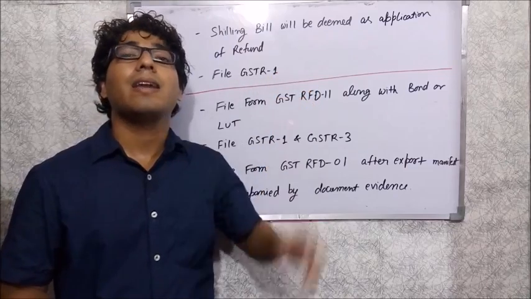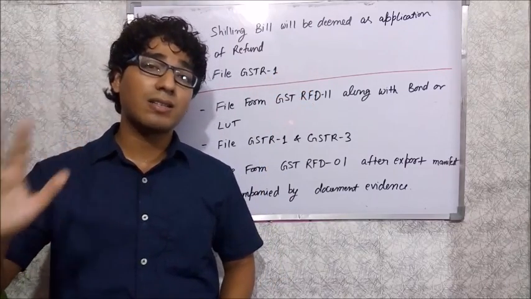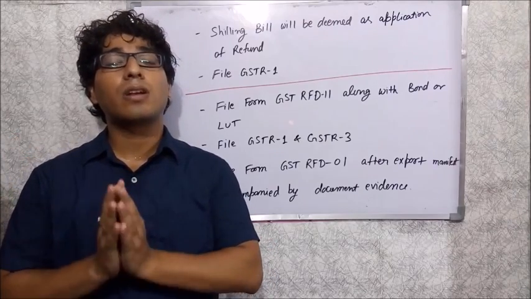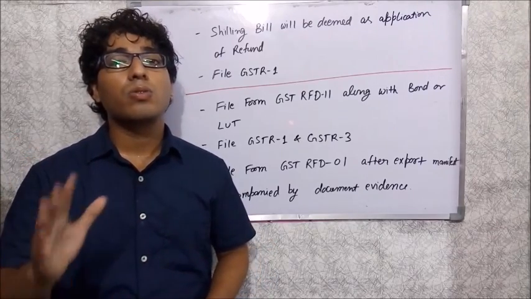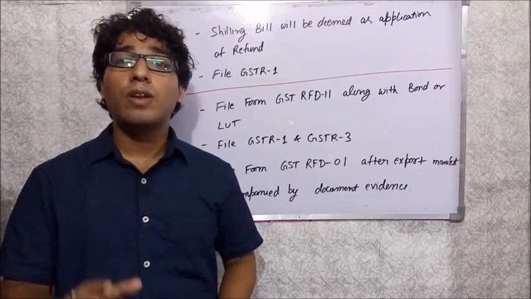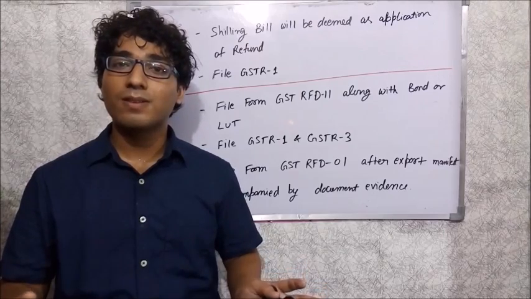When the data in table number 6 of GSTR 1 matches with the data of the customs department, they will send you the confirmation, and the amount of tax which you paid at the time of export will be credited into your bank account automatically.